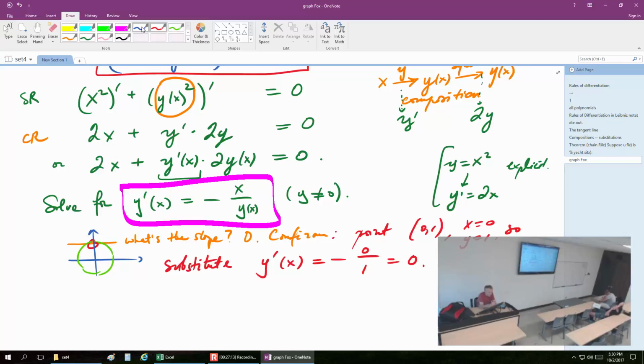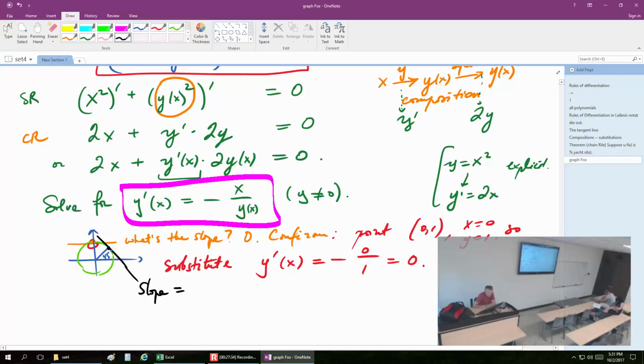Let's do one more. If I pick this point at 45 degrees, there is another slope, this one. Well, you probably can guess what the slope is.